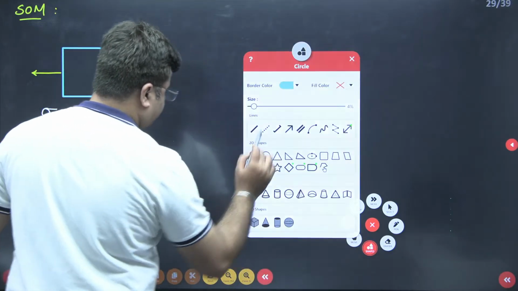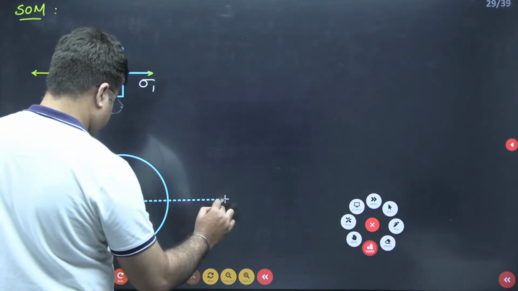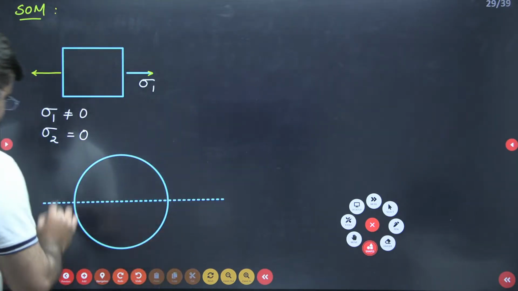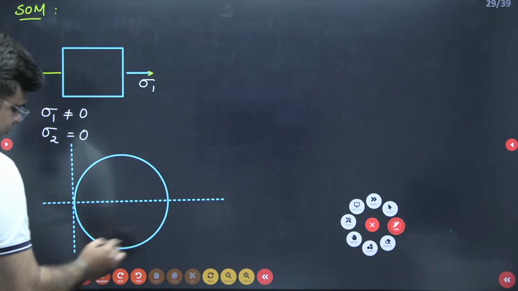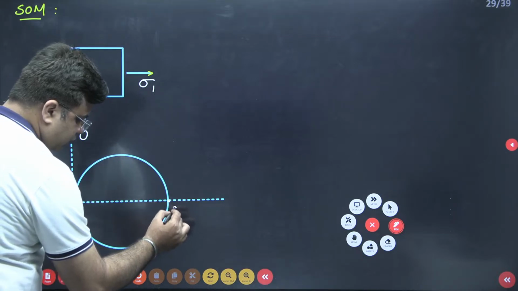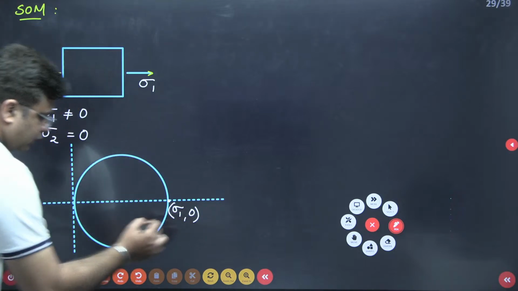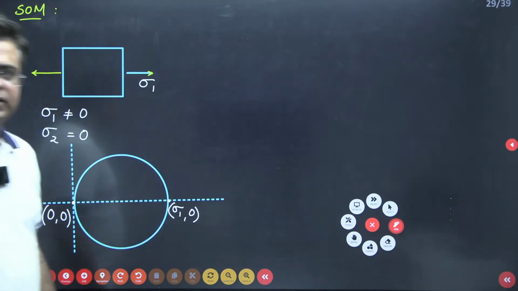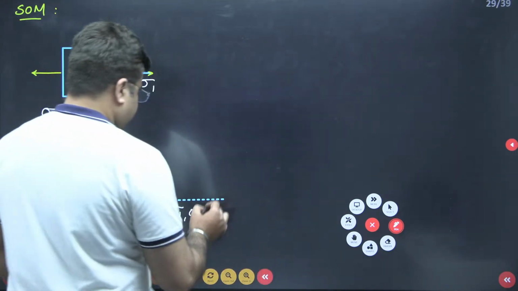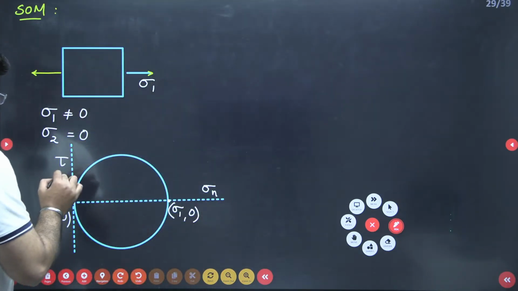So this is how your Mohr circle will look like. This is sigma 1, comma 0, and this is 0, comma 0. So this is your Mohr circle for this state of stress, right? This is your normal stress axis and this is your shear stress axis, tau.